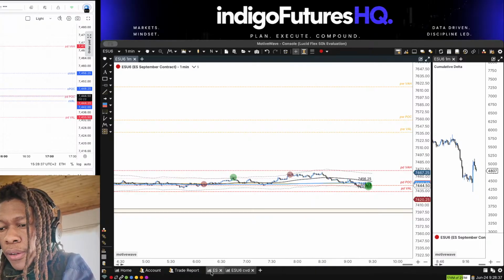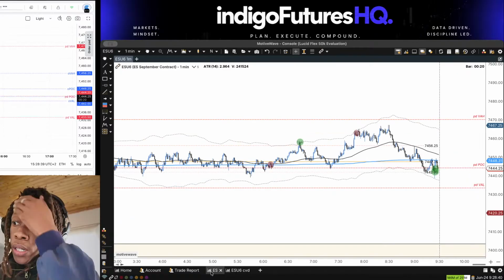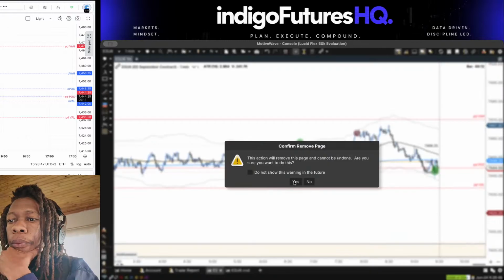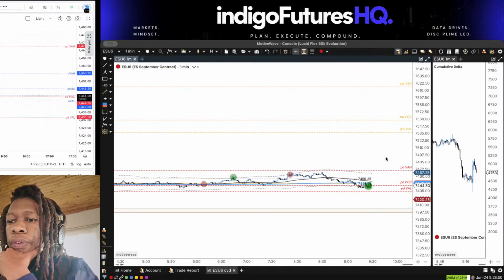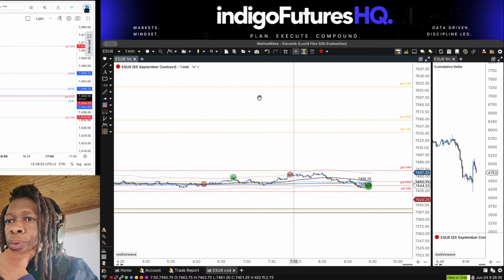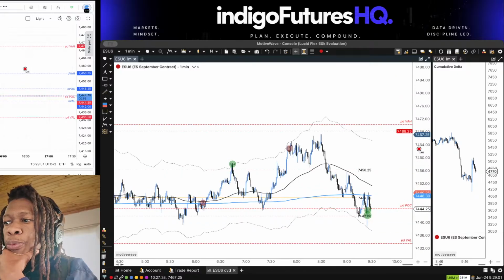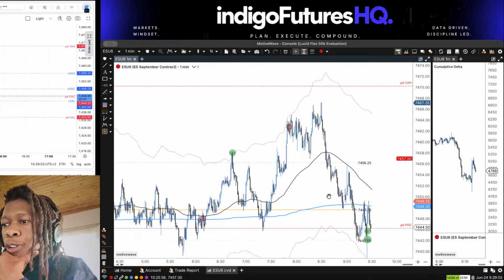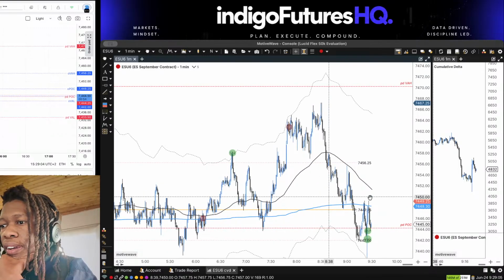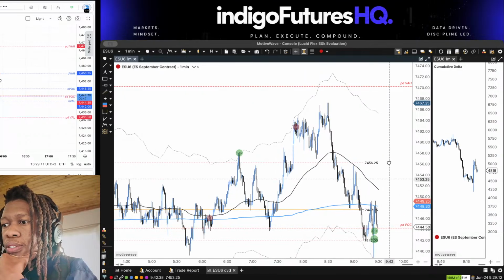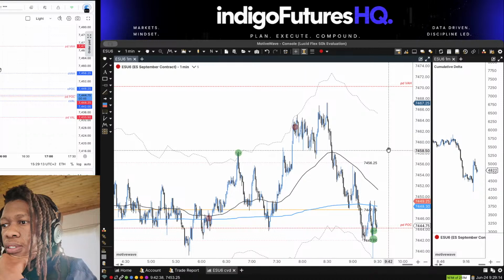Depending on how we go, I actually think I should close this chart. I feel like we were using quite a lot of resources by having both of them on, because we have the volume profile on here, and I believe that was using up our resources, so we don't want that.